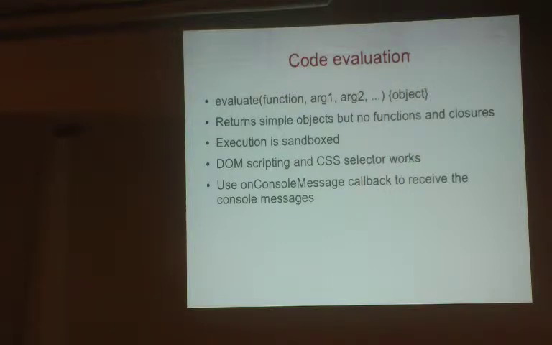By using evaluate, I can run the code on the web page context, and it takes a function, and I can pass arguments, but the arguments can only be simple objects; I cannot pass functions or closures. The execution in the web page context is sandboxed. And of course, we can do DOM scripting, and CSS selectors are fine.